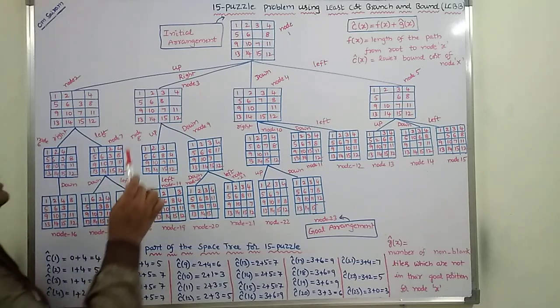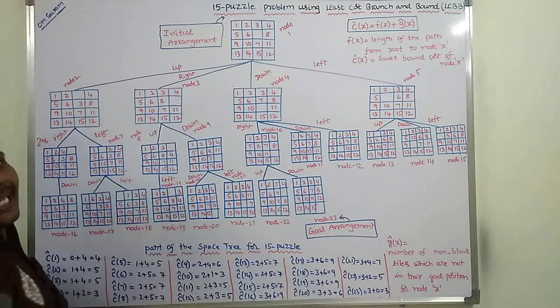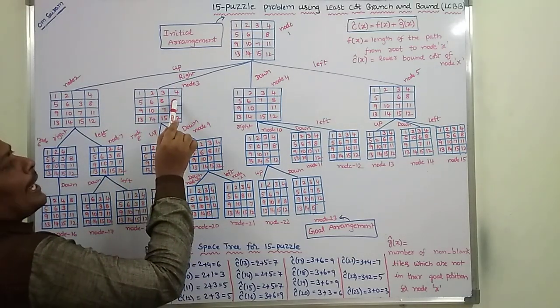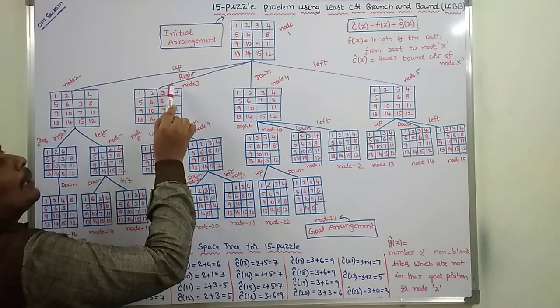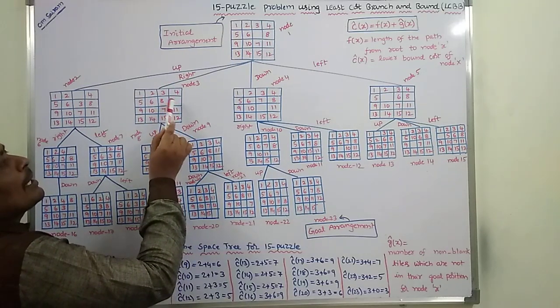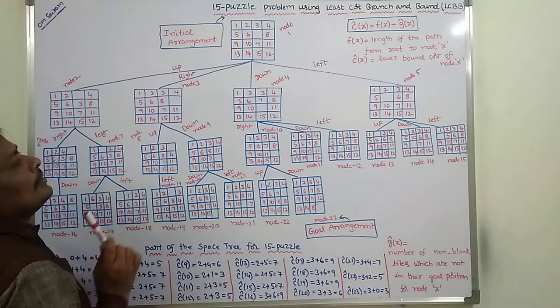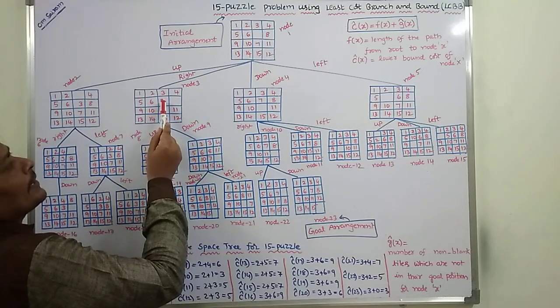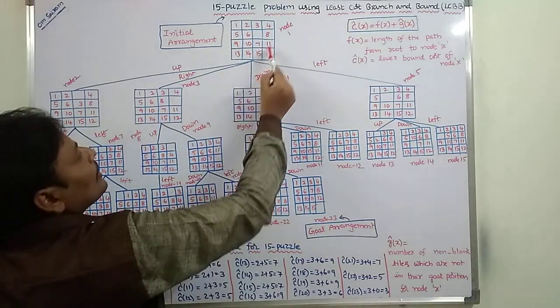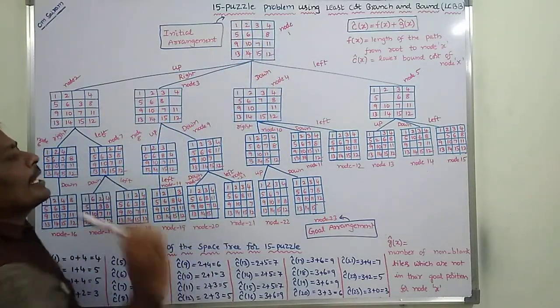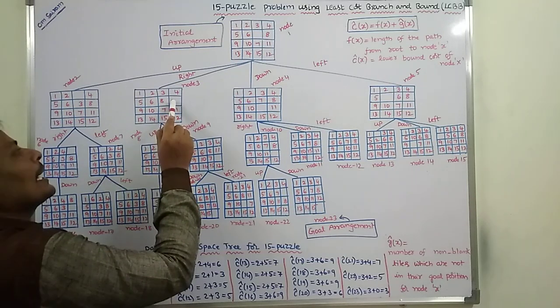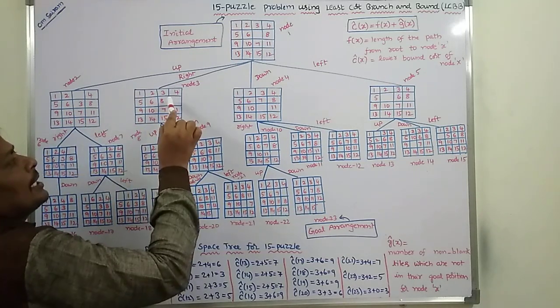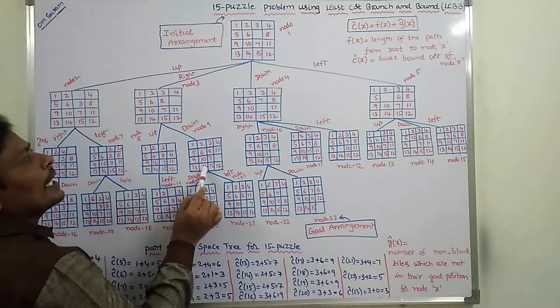Okay, next one. Now consider node 3. Here the empty tile can be moved in the up direction. Empty tile can be moved to the left direction, but we get the same node, so the left direction cannot be used. Empty tile can be moved up and down.